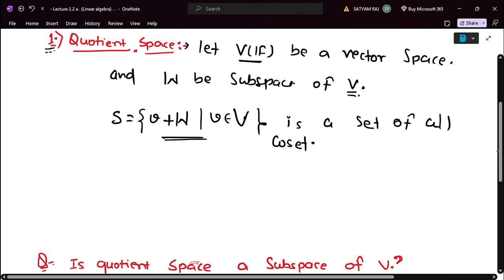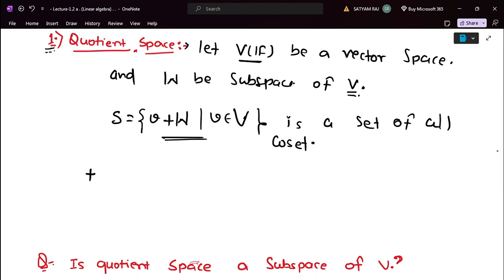And what will be the operations? We have two operations. The first operation is plus and the second operation is dot.